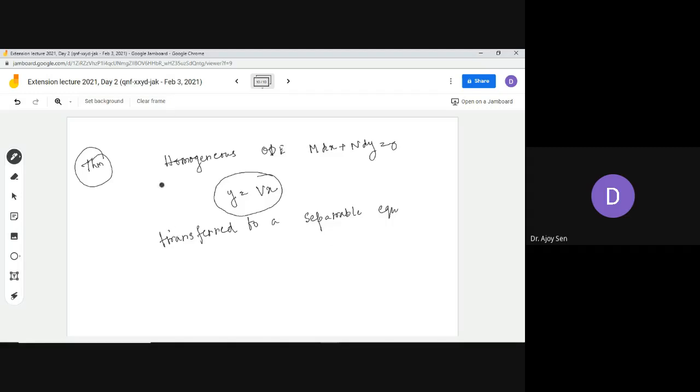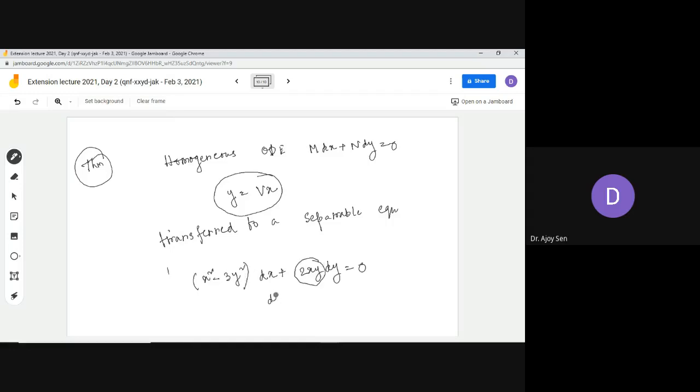For example, if you want an example, you can try x square minus 3y square dx plus 2xy dy. This is a kind of homogeneous equation. Why homogeneous? You should check that this is a homogeneous function and this is again a homogeneous function.